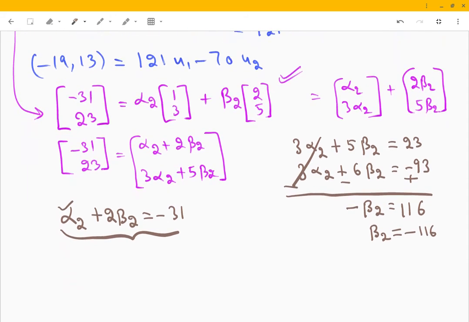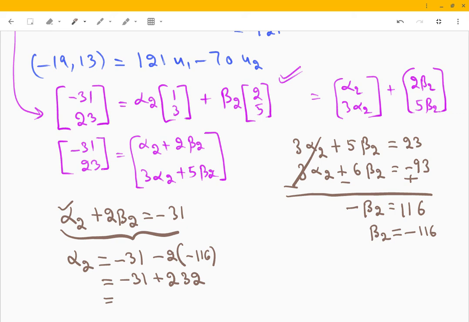And my alpha 2, I'll just plug in beta 2 here. So alpha 2 is negative 31 minus 2 times beta 2, which is negative 116. Okay, big numbers. This is positive 232.